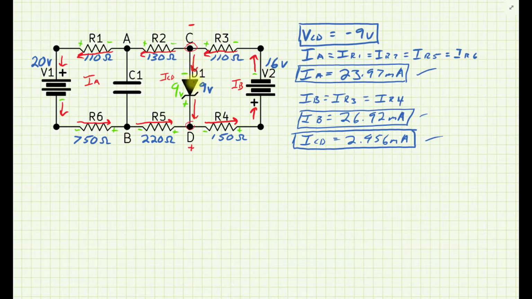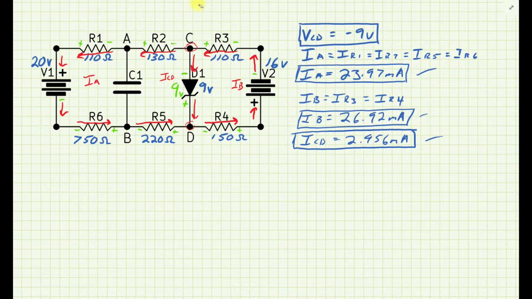In all currents in electron flow, we're going to say the currents are flowing from negative to positive. So as they flow through a component, they flow from the more negative end to the more positive end. Alright, now that we know the final currents, we can solve for the voltages of all the resistances.